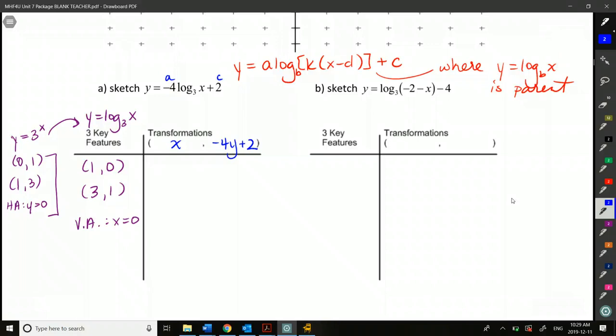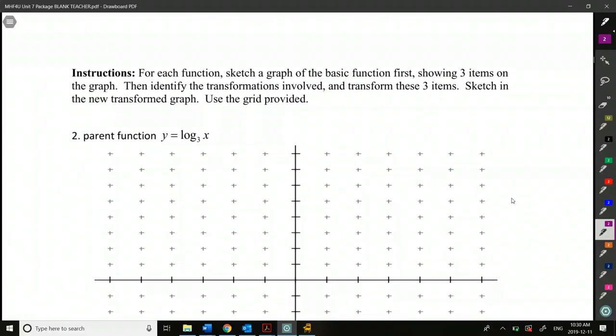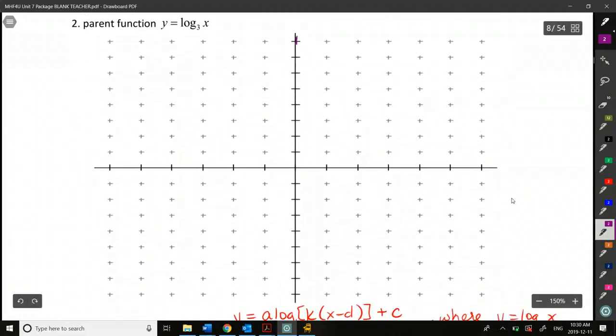Okay, so before we calculate our points, I just want to graph the parent function here, which are these three key pieces of information. So I'm going to pencil in the vertical asymptote here. And then we have (1, 0) and (3, 1).